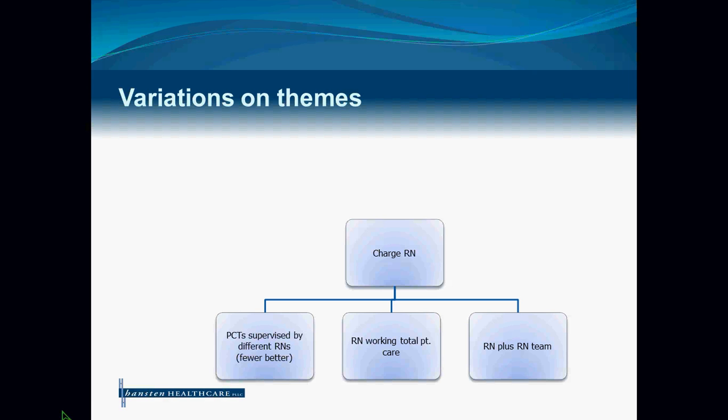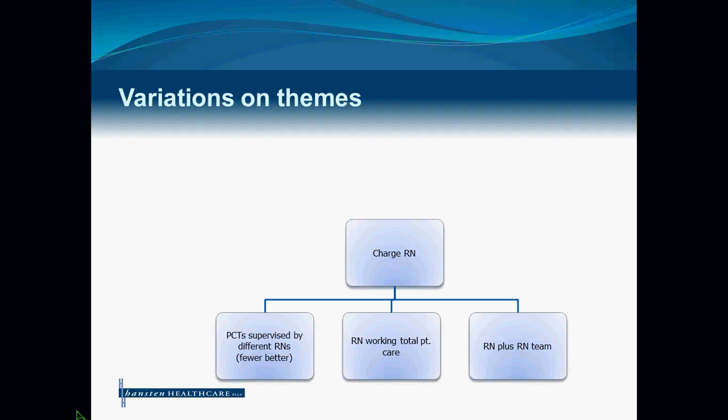So if we think of how we would take one person out to be the charge RN, then the PCTs could be supervised by different RNs, remembering that fewer is better. We could have an RN working with total patient care, and we can put together an RN and an RN together with other assistance from the charge RN.